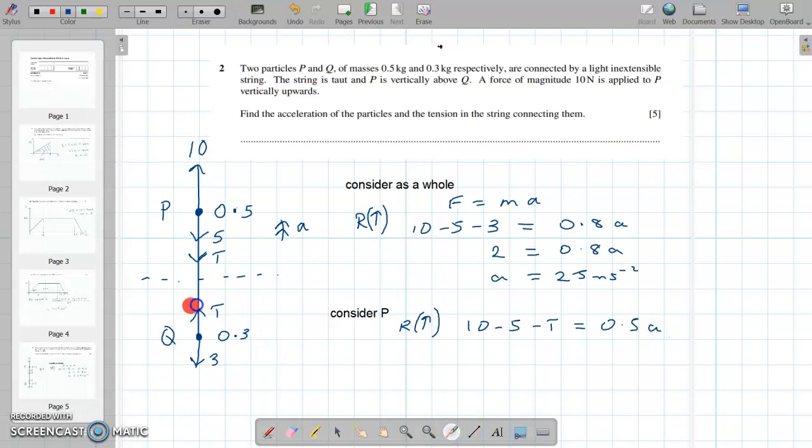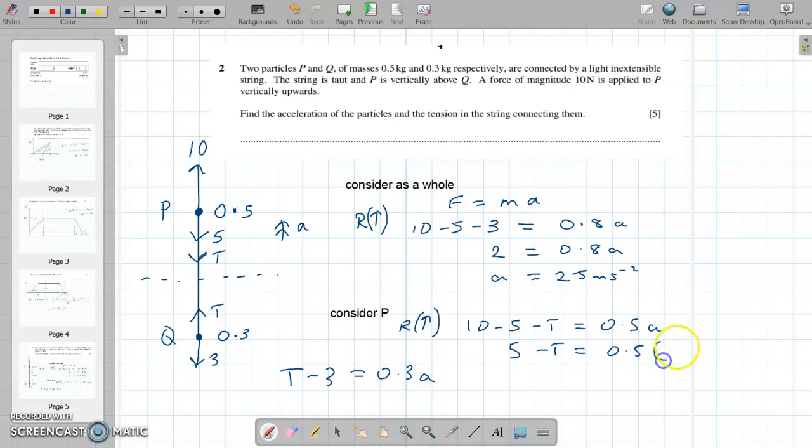Now, if we consider Q, we'd have T minus 3 equals the mass times acceleration. Going back to P, 10 take away 5 is 5, so we've got 5 minus T equals 0.5A.